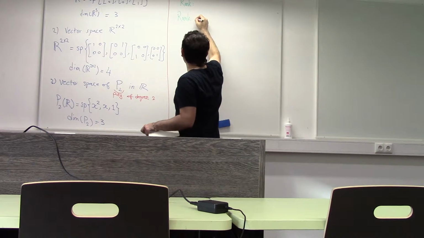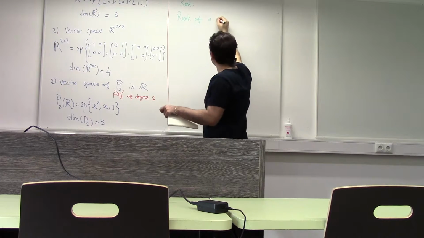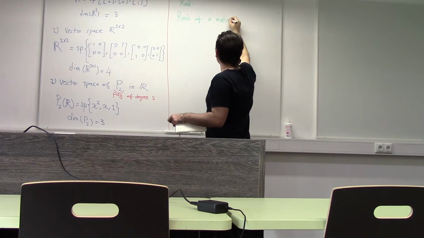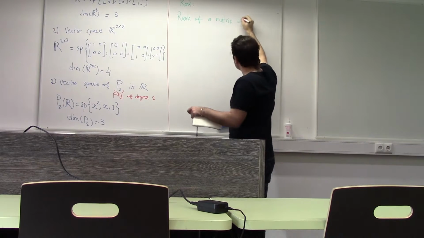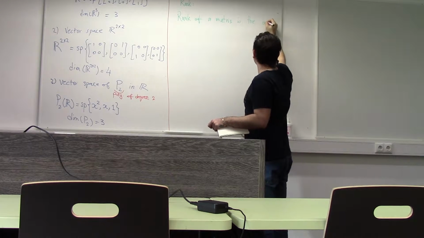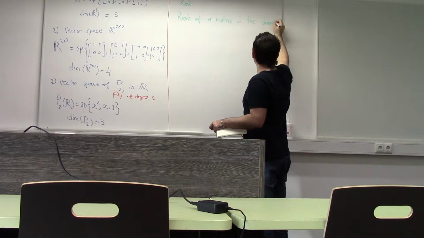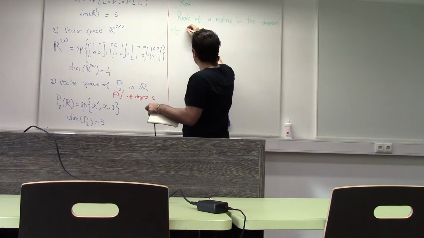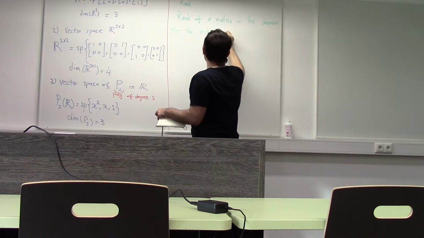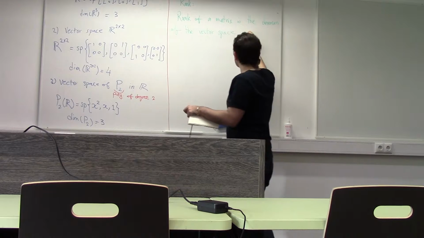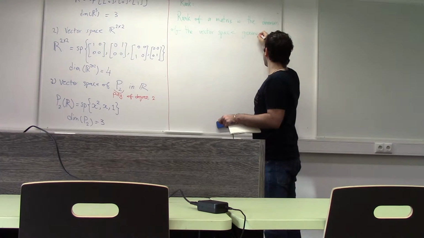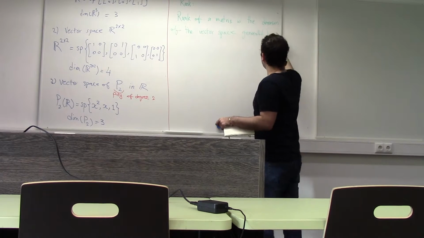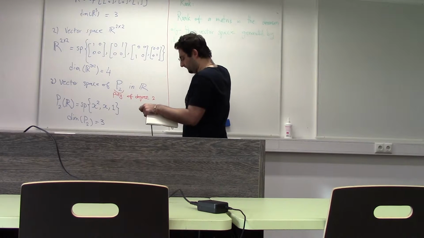Rank of a matrix is the dimension of the vector space generated by its columns.